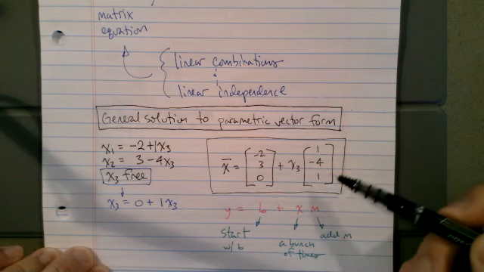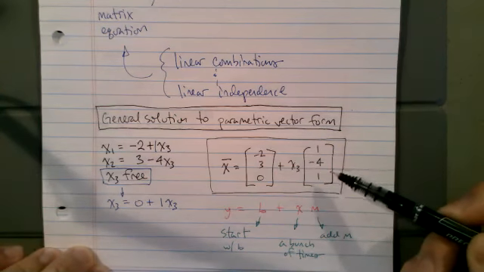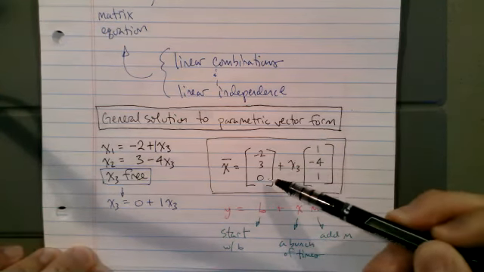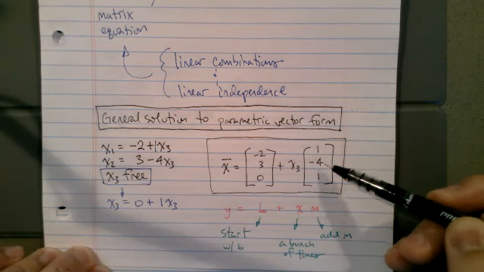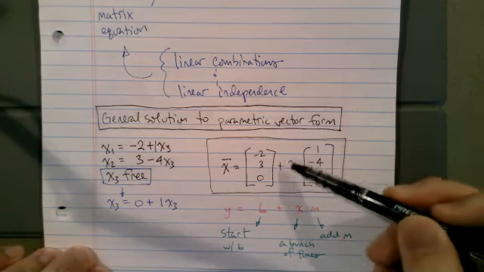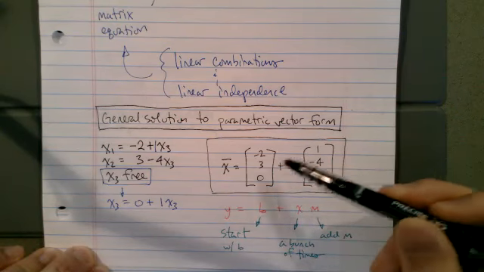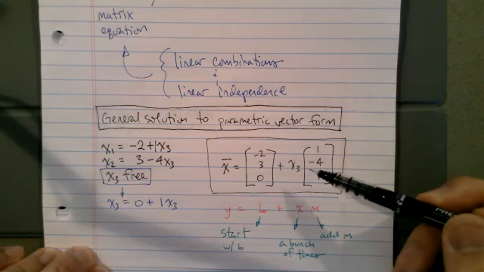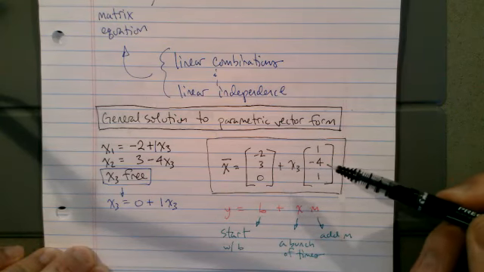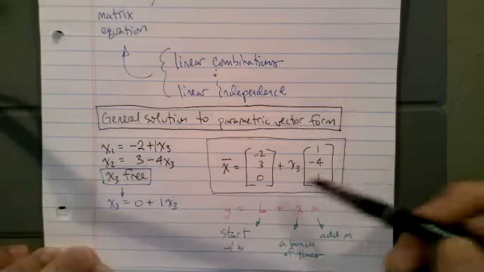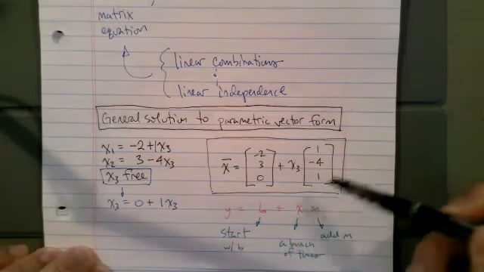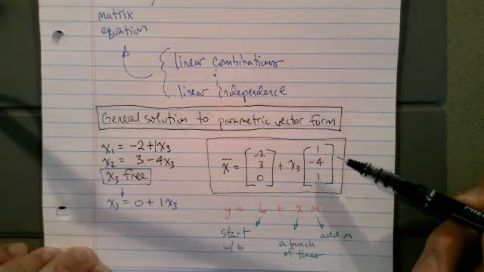So geometrically, this solution set is a line. There's a -2, 3, 0. It goes through that vector, and then it goes in this direction, 1, -4, 1. So since there's one free variable, we have a one-dimensional solution set. Dimensions might not be the right thing to say, but it's close enough. That's a little lazy on my part. So this is a solution set that will be a line.